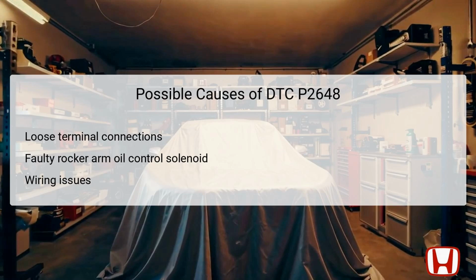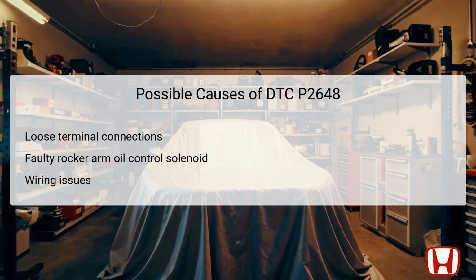Several potential causes can lead to the emergence of the P2648 code. First, loose terminal connections can disrupt the circuit, preventing the solenoid from receiving the necessary voltage for operation. Second, a faulty rocker arm oil control solenoid itself may not function correctly, leading to low voltage reading.